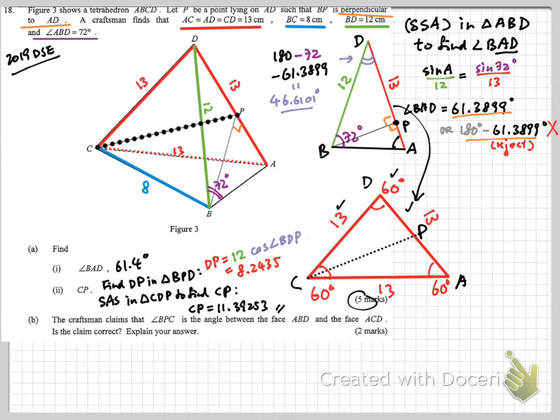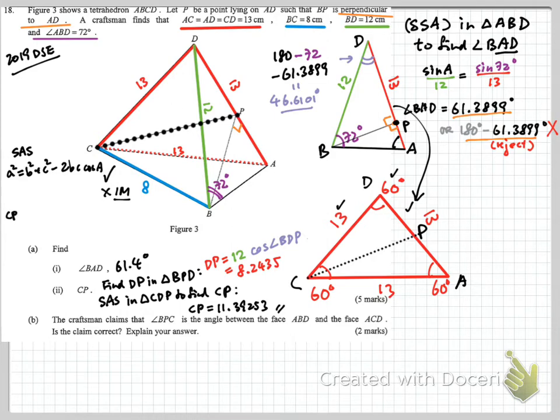Now, with 5 marks, I think there would be 1 mark for the application of the SAS cosine formula. When you write the SAS cosine formula, do not just write a squared equals b squared plus c squared minus 2bc cosine A. It is correct, but you will not have the step mark, because the cosine formula must be applied in context.